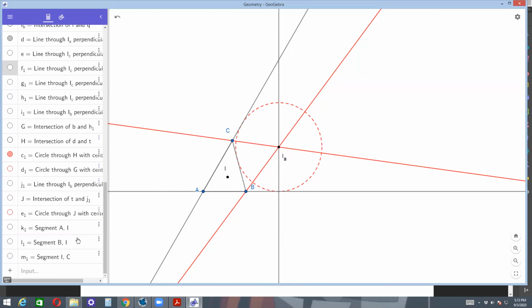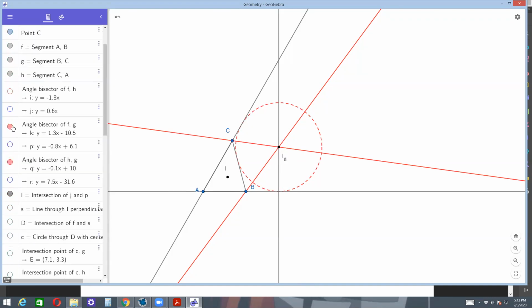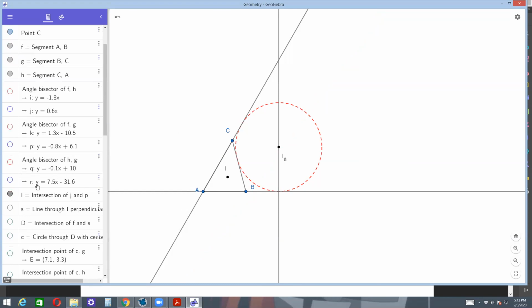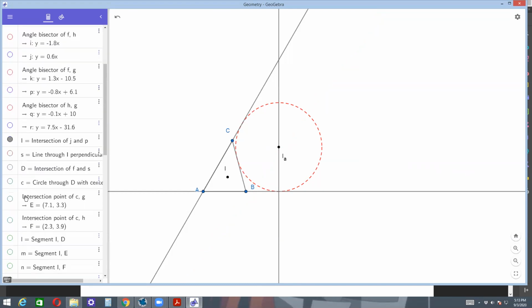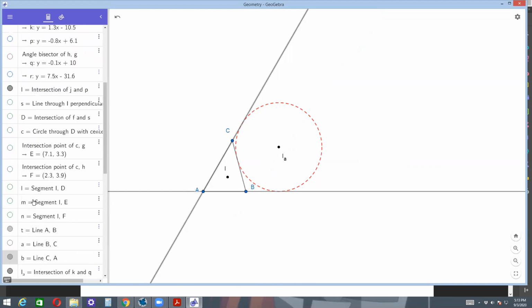What I want to do is remove the bisectors and this weird line. Where is it? Yep.